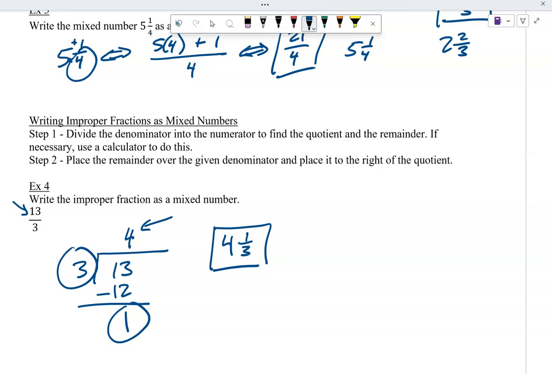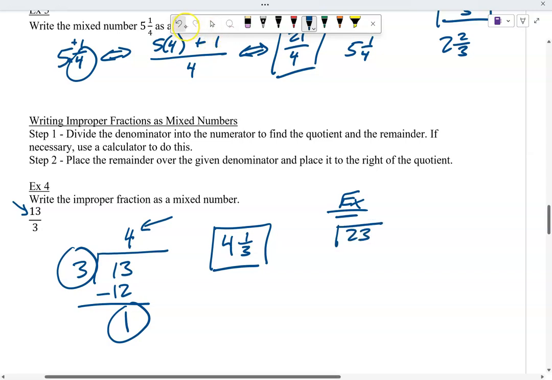All right, so maybe we'll do another one. How about 23 divided by 3. So let's do the long division. 23 divided by 3. So I say, well, 3 times 8 is 24. That's too big.